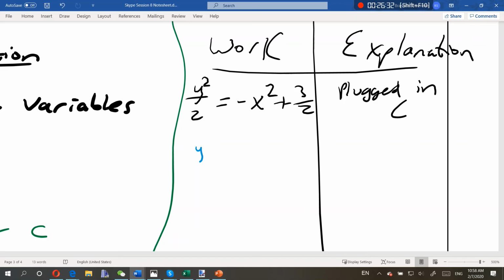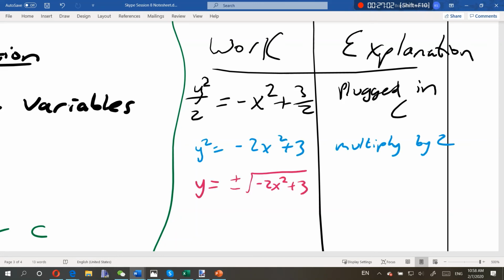Y is equal to what? Root of negative 2x squared plus 3. Okay. So we've got our general form for the equation.